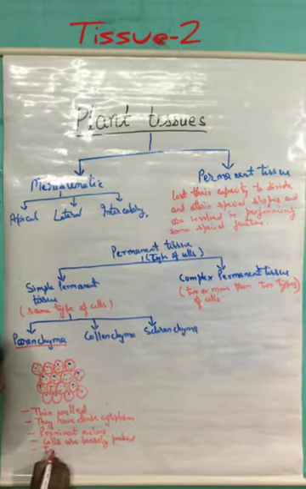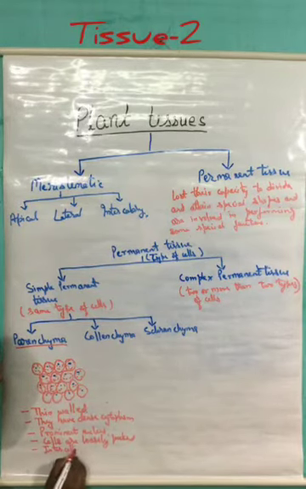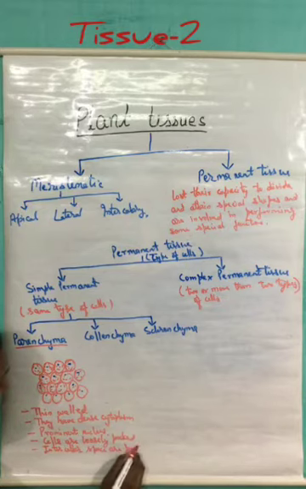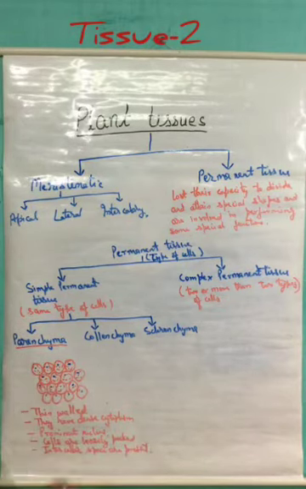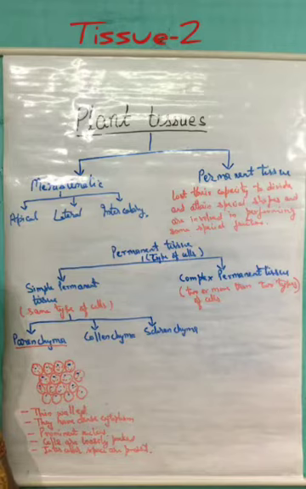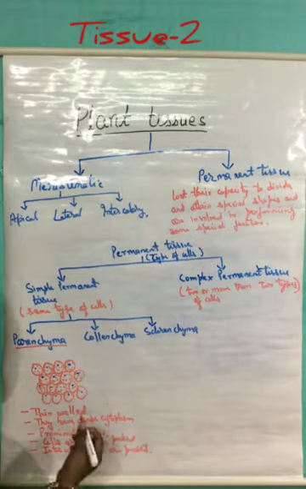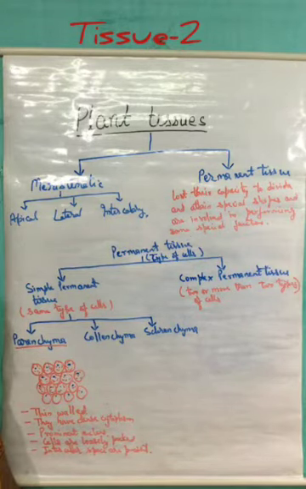So, intercellular spaces are present. These types of cells are highly active. Now, where are they present? These parenchymatous cells are present in the soft parts of the plants like the tip of the roots and the shoots. They are present in the bud regions.